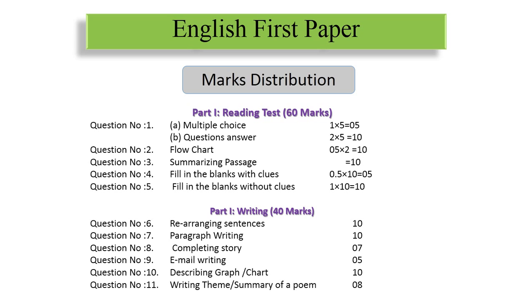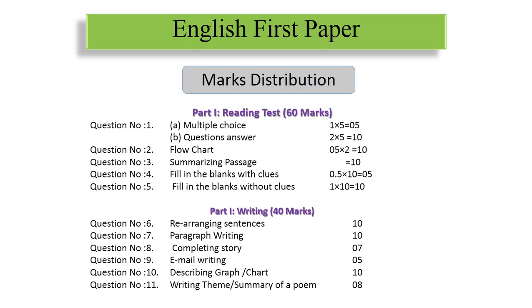In question number 1 there will be 5 multiple choice questions and 5 question answers based on the passage of the first paper textbook. The question will be set from the first paper passage. The passage will be taken from the first paper.